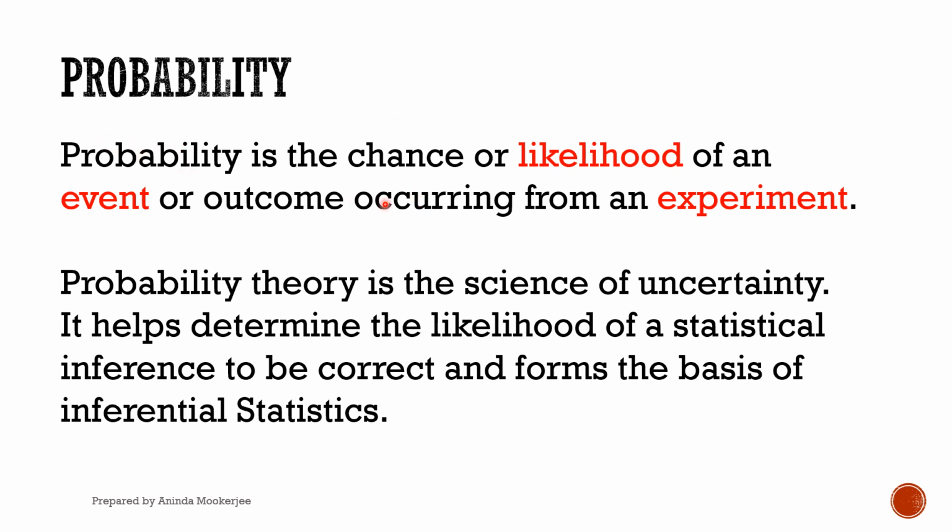So when we toss a coin, if we don't know whether it's going to land on its head or tail, the probability that it's going to land on a head is the chance or the likelihood of it happening from the experiment of tossing a coin, right?